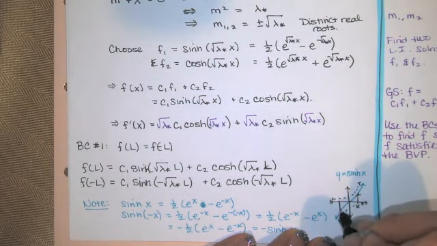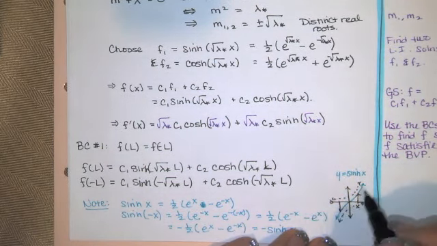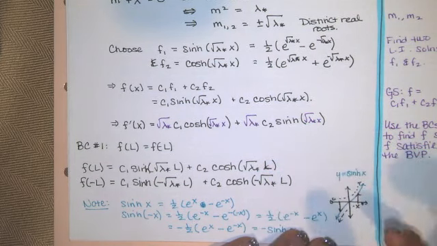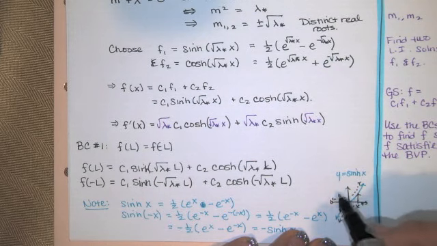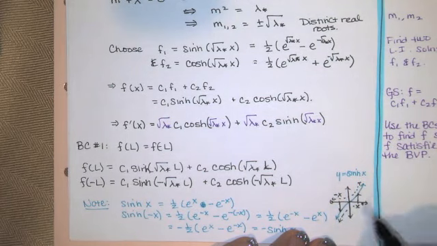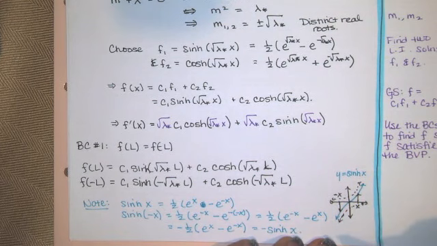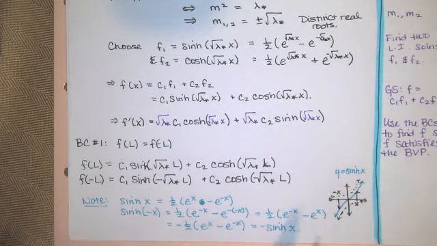Go x units over here, find the y value. Those y values are going to have the same magnitude, but with opposite signs. If this was y equals 10, that's going to be y equals -10. This is at x equals -x, and this is at just an x value. That is not a negative. That's just one of those little dashes that I'm using for that curve of -1/2 e to the negative x. Okay, so sine is an odd function.